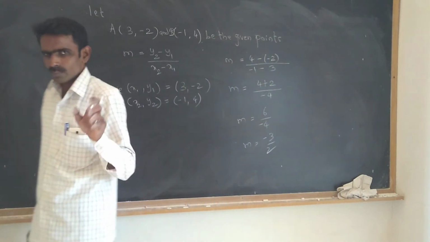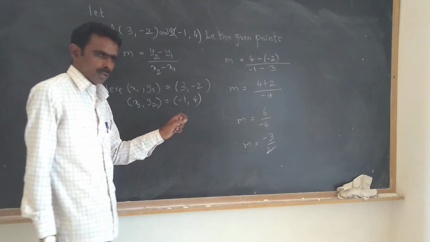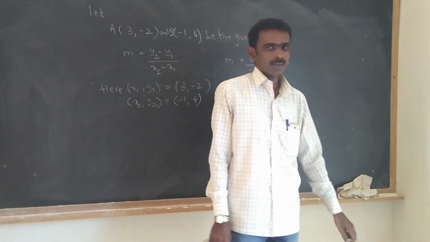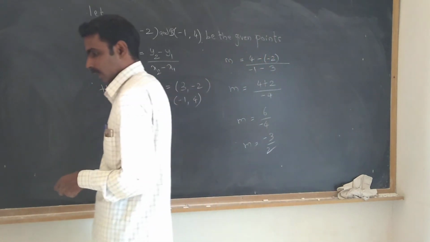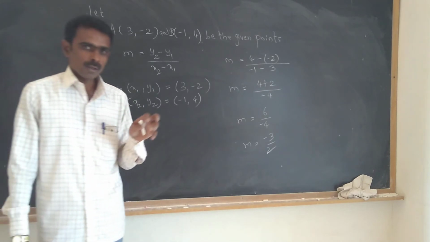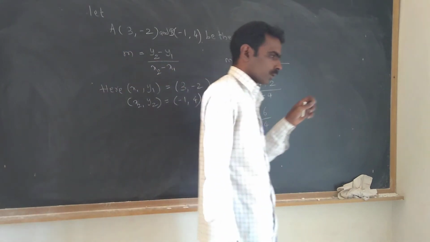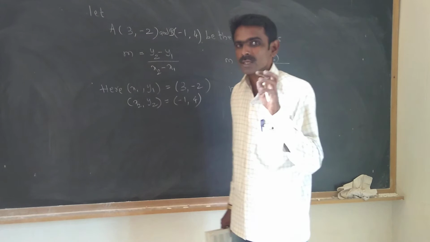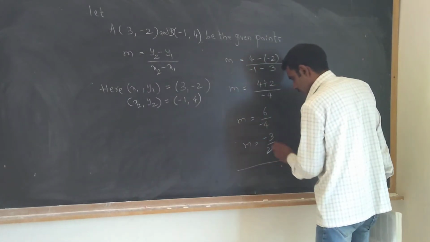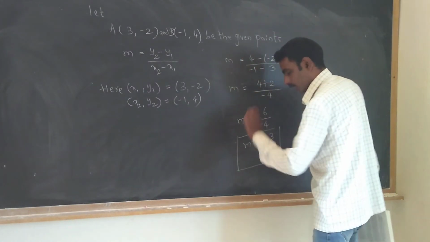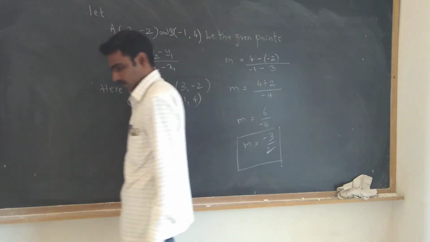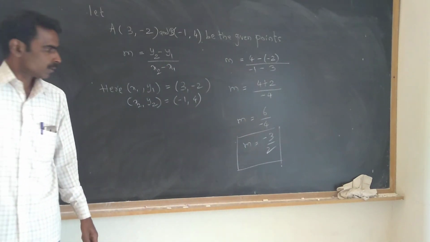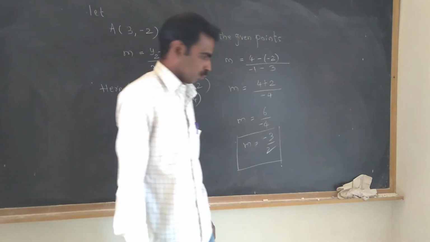Remember this: the slope of the line may be positive, negative, or 0. So we get the slope of the line as -3 by 2.